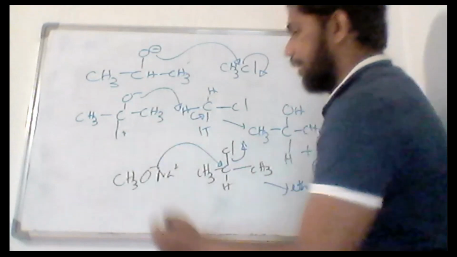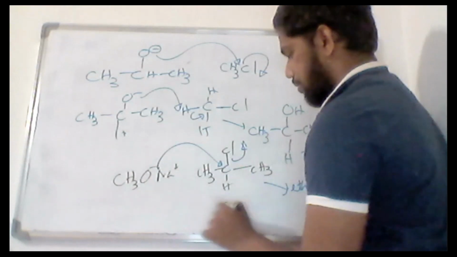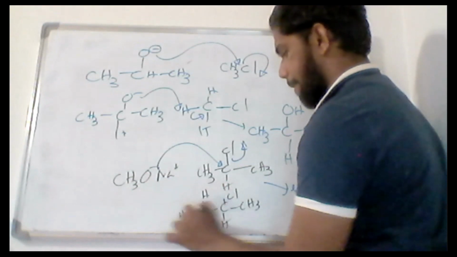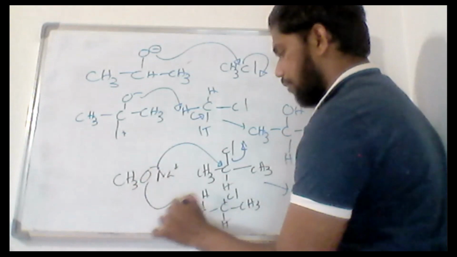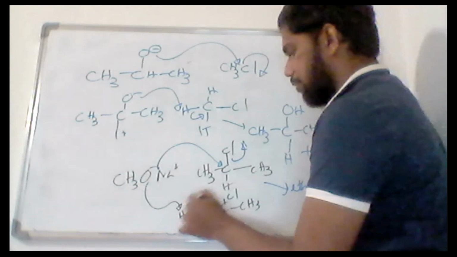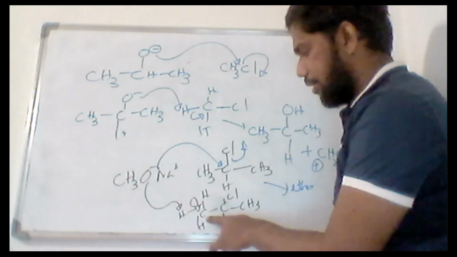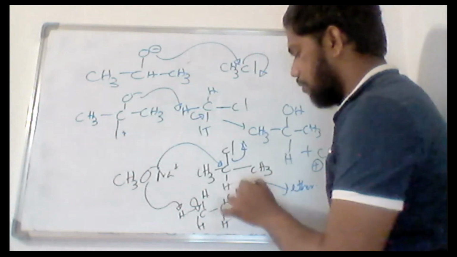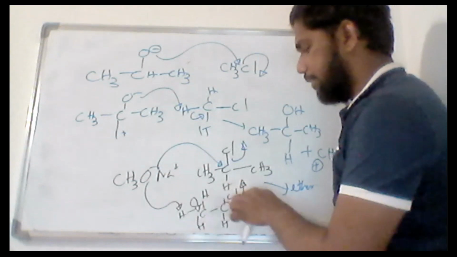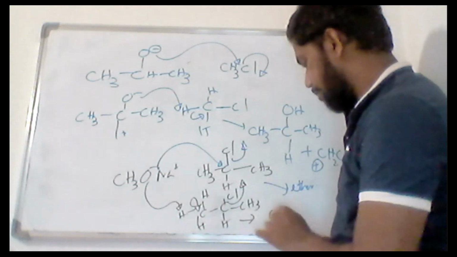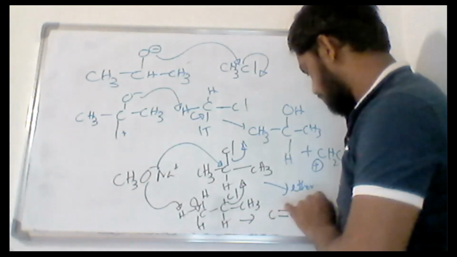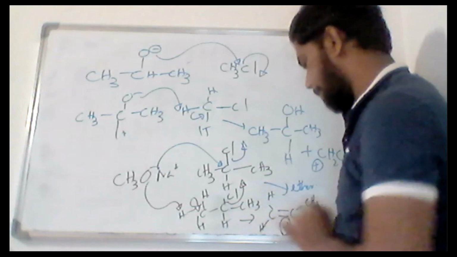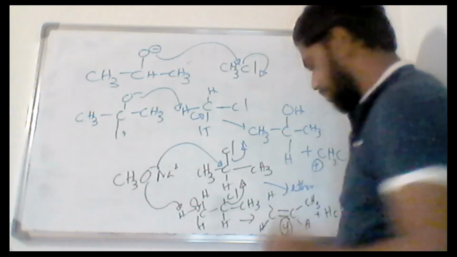So what is going to happen here? This CH3O minus will attack one of these hydrogens, and this will break here to form the positive charge, and to make this positive charge diminish, this Cl minus also will be released. So H plus and Cl minus will form HCl, and there will be a compound which forms a double bond like this. So this is our Y, plus here HCl is eliminated.